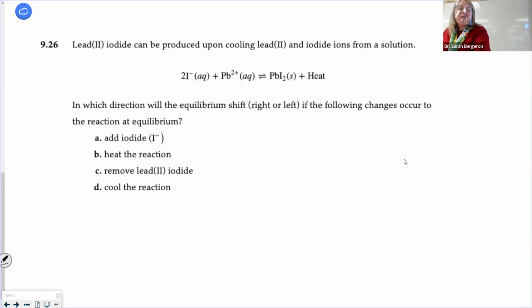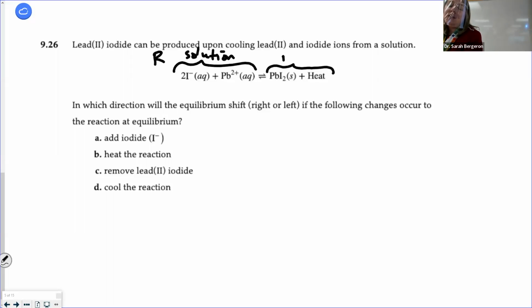So here's an example reaction, right? Lead-2 iodide can be produced upon cooling lead-2 and iodide ions from a solution. So this is my solution. These are my reactants, and I am making these as products, right?